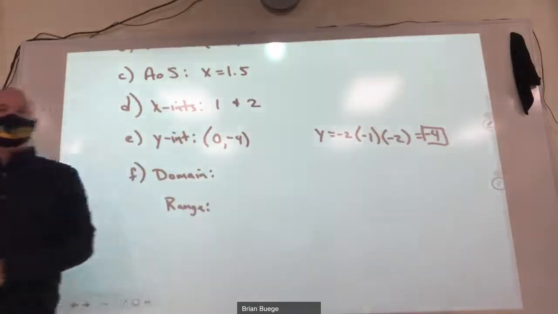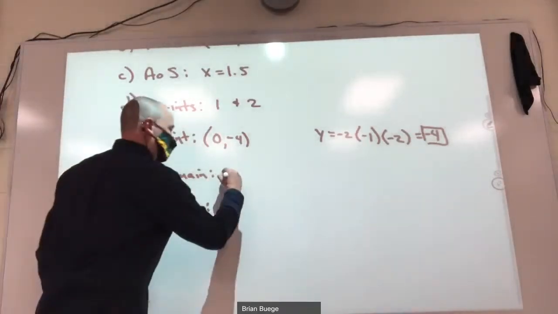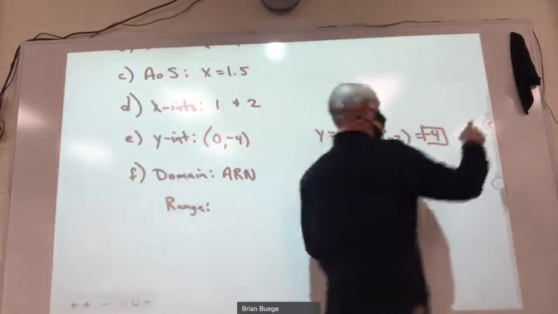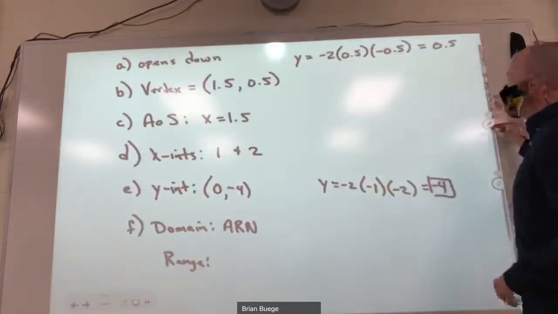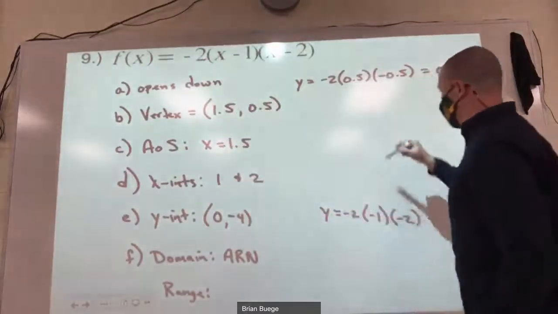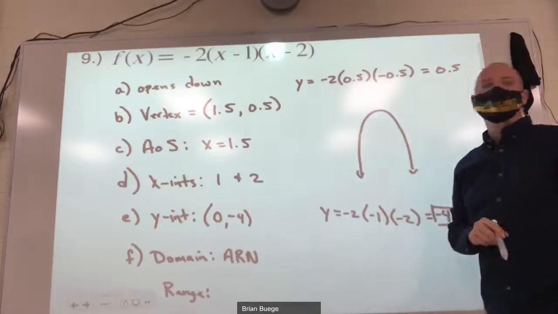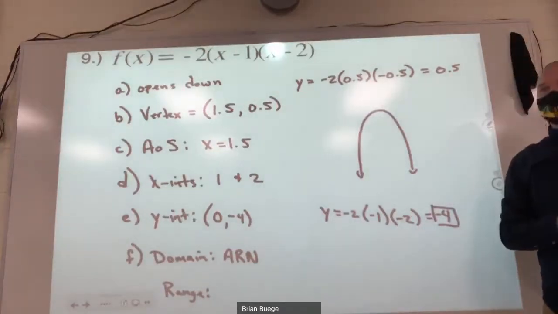All right, what's my domain? All real numbers. Not an application problem, so you can square anything. All real numbers. And now if we go back to the range for a second, this is a parabola that is opening down, which means, again, there's a general sketch of your graph. Are the y values less than or equal to something or greater than or equal to something?